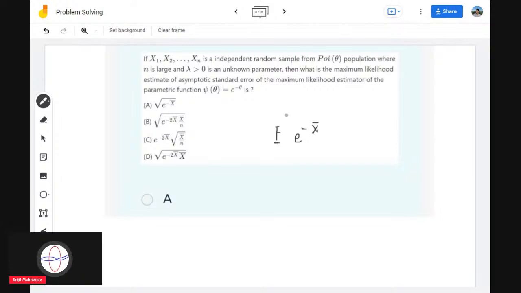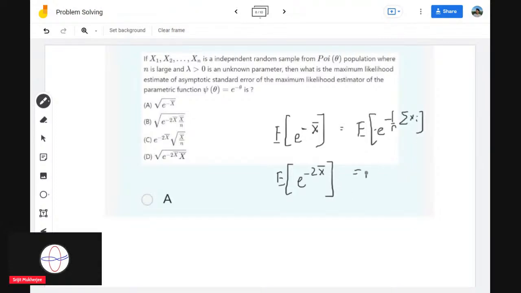So find out the expectation of this first. Expectation of iska whole square, that is e to the power minus 2X bar. So Xi are independent, so it's very easy to calculate. It's e to the power minus 1 by n summation of Xi, e to the power minus 2 by n summation of Xi.